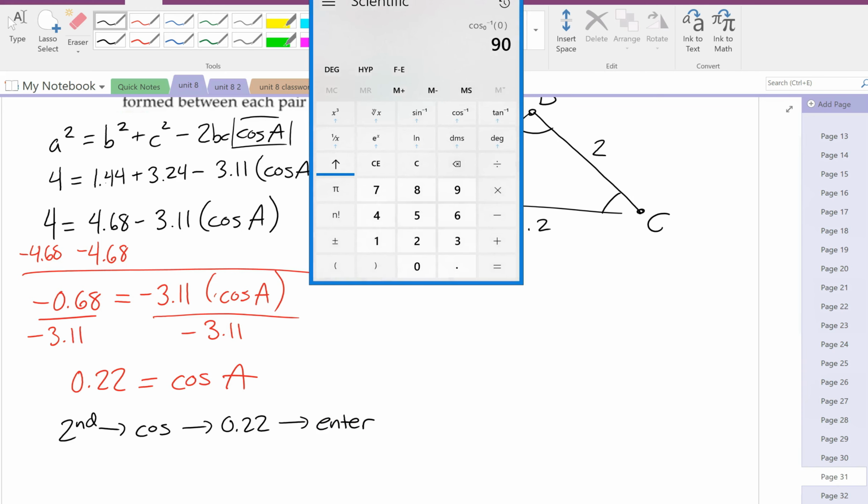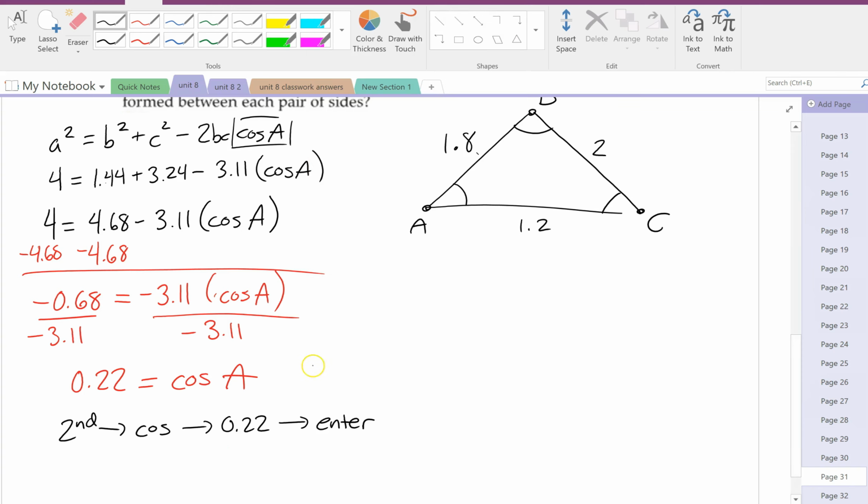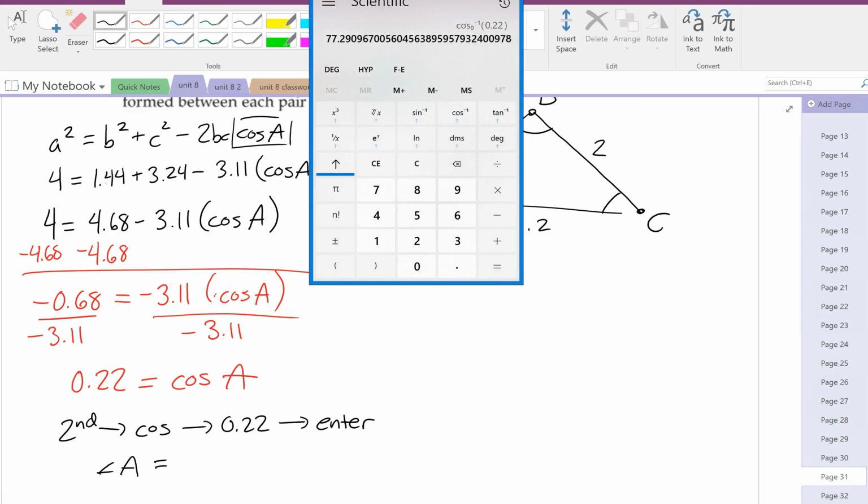So I want to know the inverse cosine. So angle A is going to be 77.3 degrees.